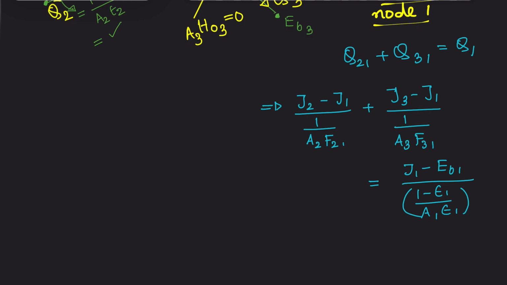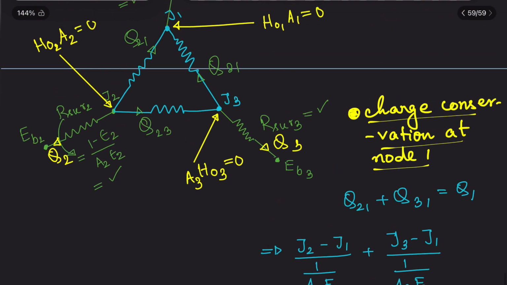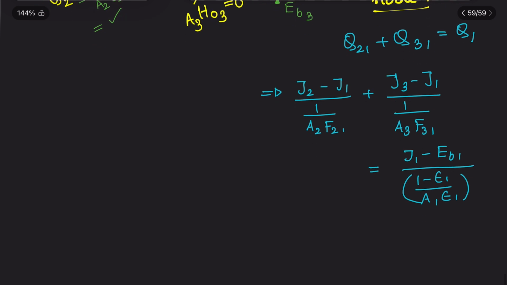Fine. Then in this equation I have EB1. Now how can I find the other things? Firstly, if I know all the things, so let us see what is the unknown in this equation? This is the unknown. Clear? This is the unknown.